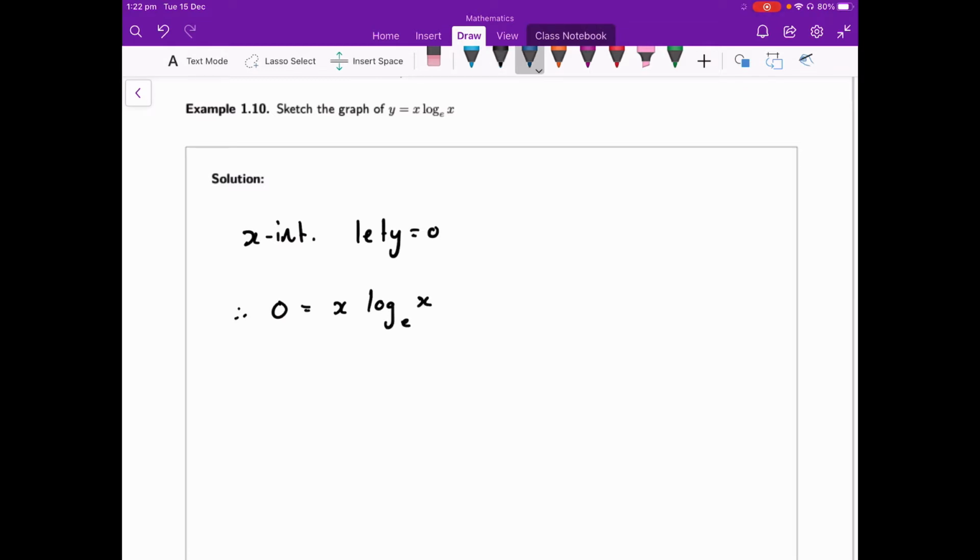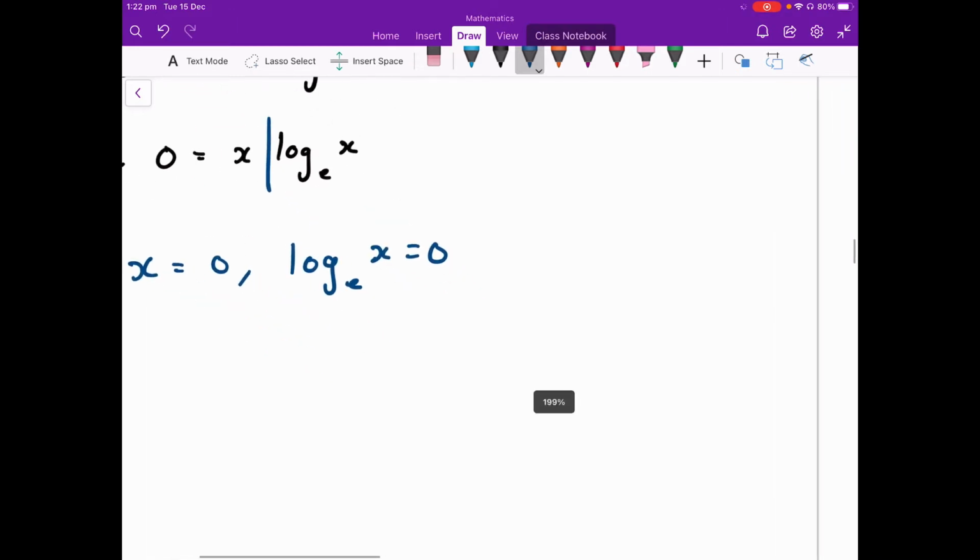Here, we're going to split the function in two. We've got the product of two separate functions here. So x would equal 0 from the first part, so x is equal to 0. Now we must also solve when log to the base e of x is 0.